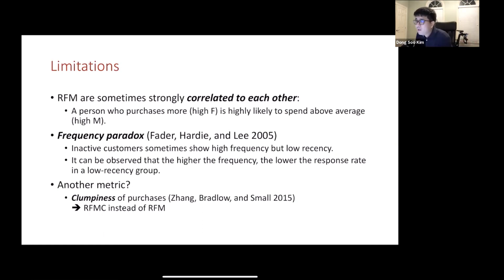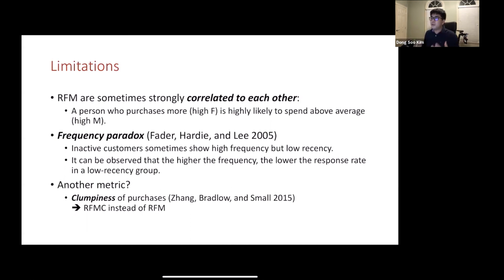Third, RFM sometimes are not enough to describe all of consumption behaviors, such as clumpiness of purchases. A customer's purchases are clumpy if only a mass of shopping occurrences in a short time period is occasionally observed in her transaction history. An example is digital content consumption.